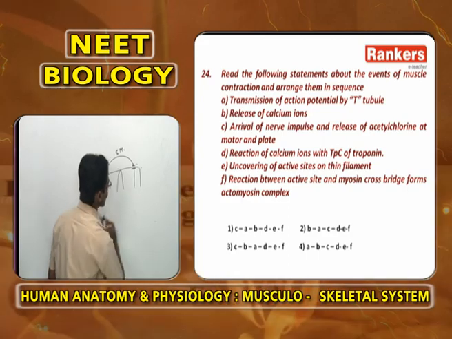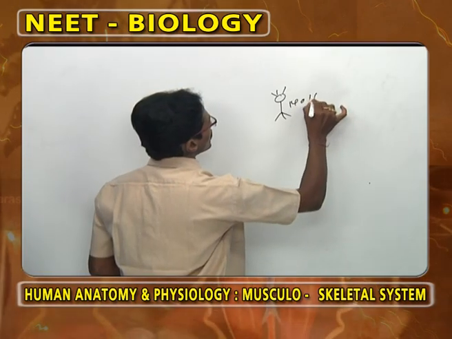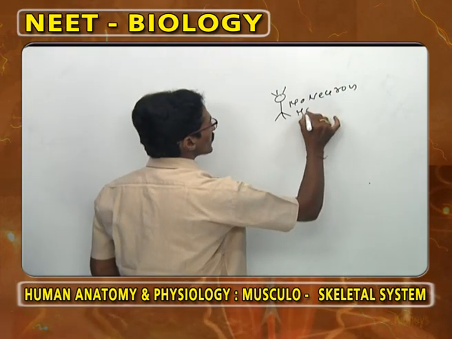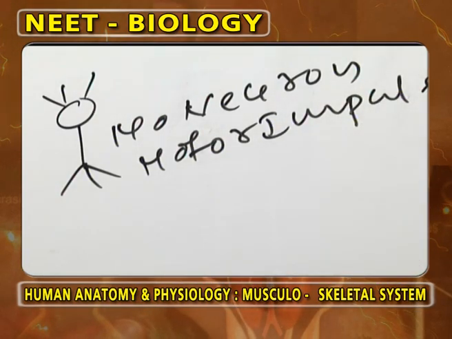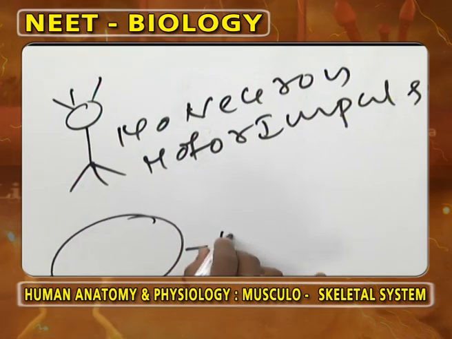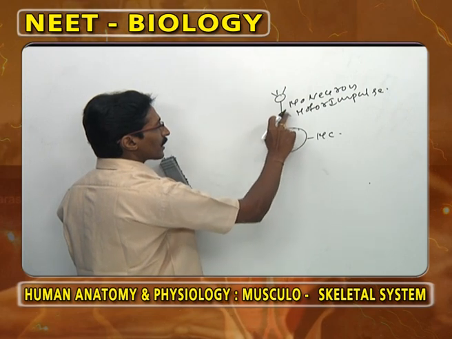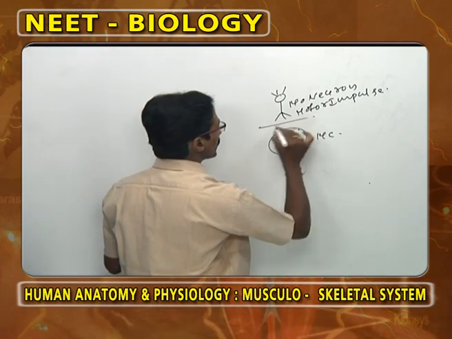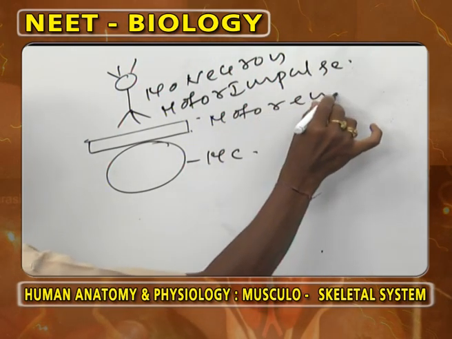Now as we observe the sliding filament theory, this is the motor neuron. The motor neuron brings the motor impulse. Now this is the muscle cell. The space between telodendrons of motor neuron and sarcolemma of muscle cell, this we call the motor end plate.